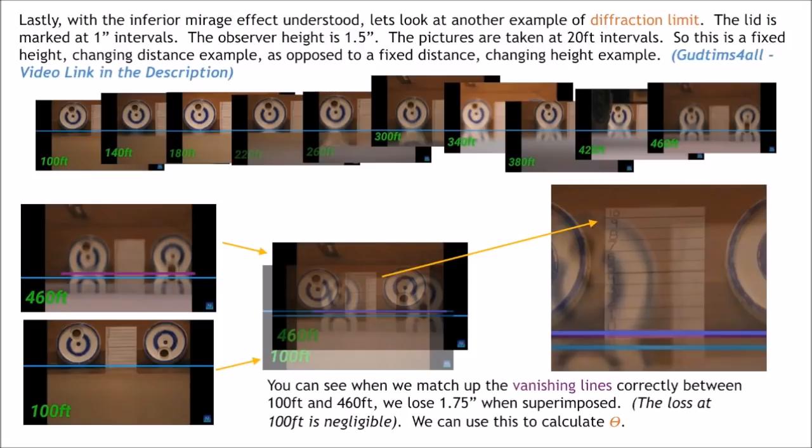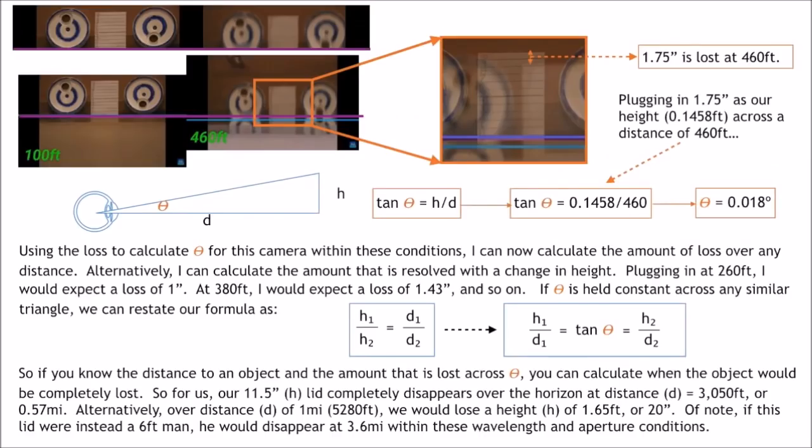And again, we can use this to then calculate theta for this particular wavelength, diameter, and aperture camera. So we'll do that here. Again, this 1.75 inches is lost at 460 feet.